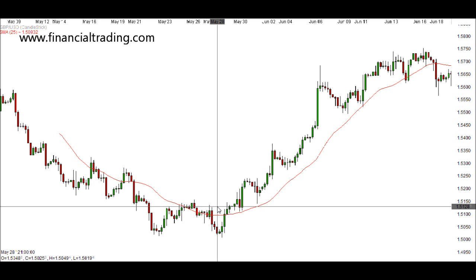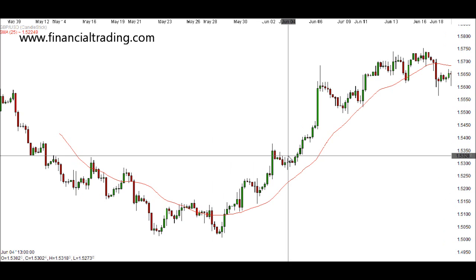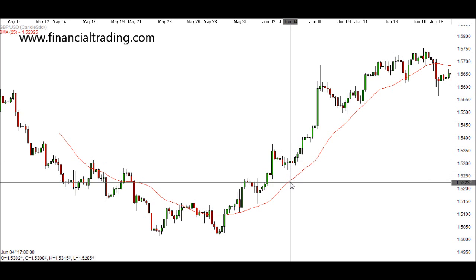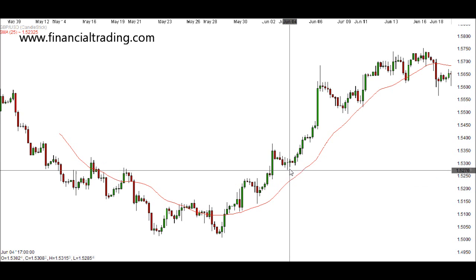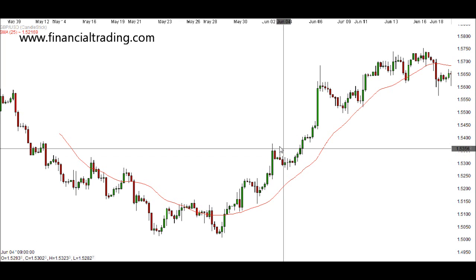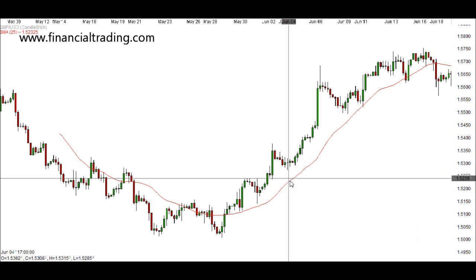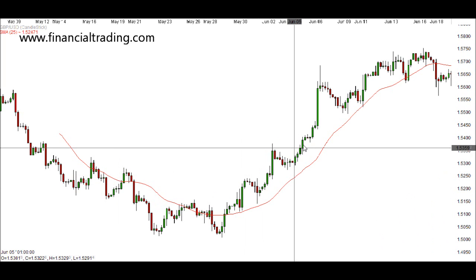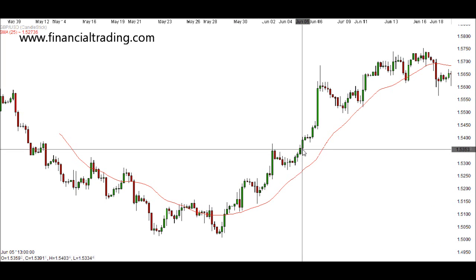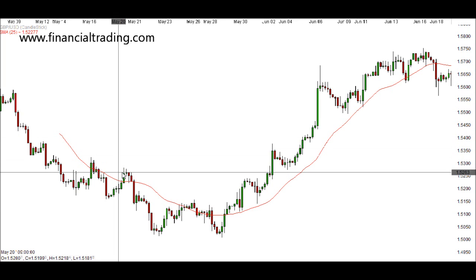So with this moving average at this point, from here 25 candles back, the closing price is averaged and plotted on the graph. And when this is done with each candle, we get a moving average.